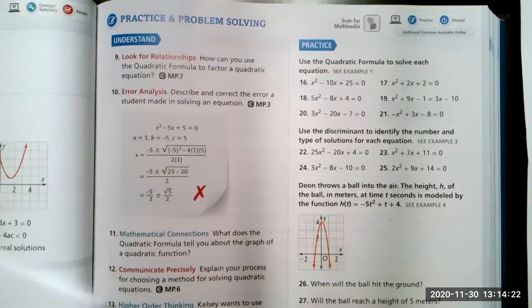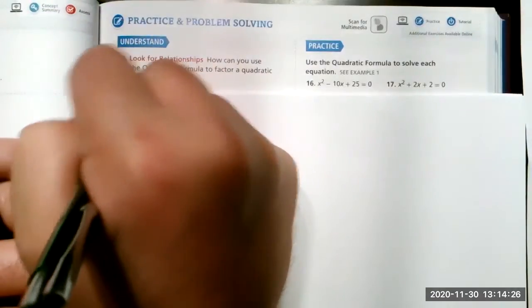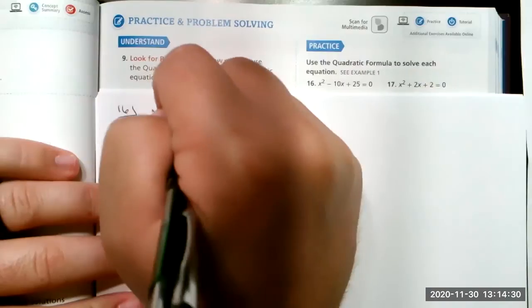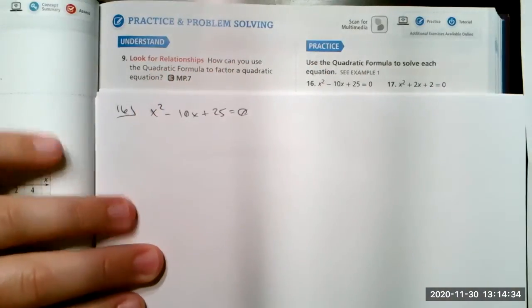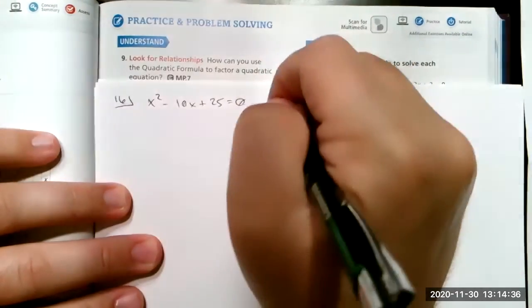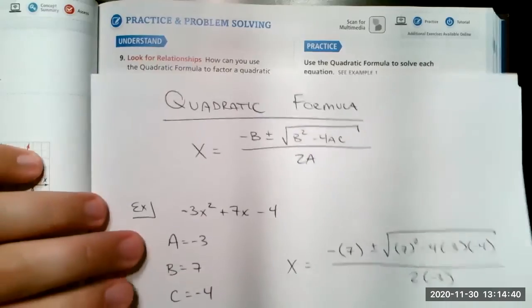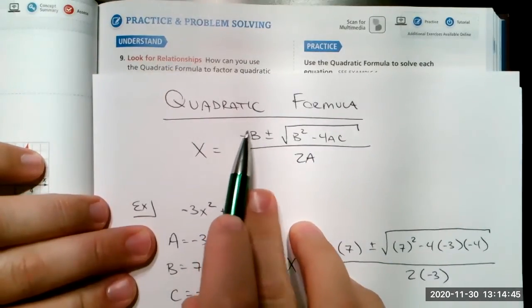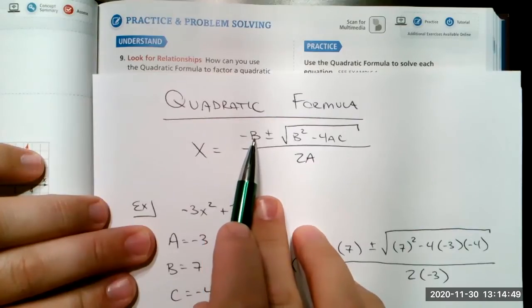Number 16. X squared minus 10x plus 25. So we'll use the quadratic formula. X equals, remember, I always said with this formula, it's pretty straightforward, except for this part right here: don't think that that first term is always going to be a negative value of b.